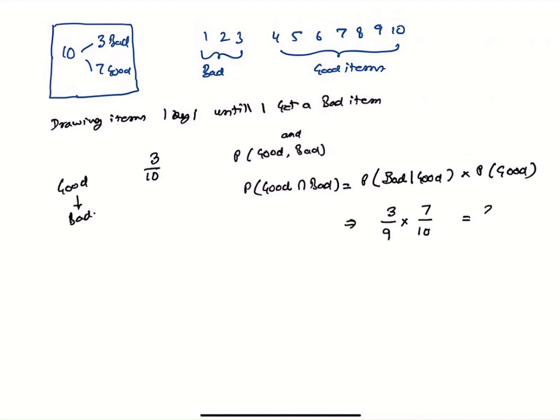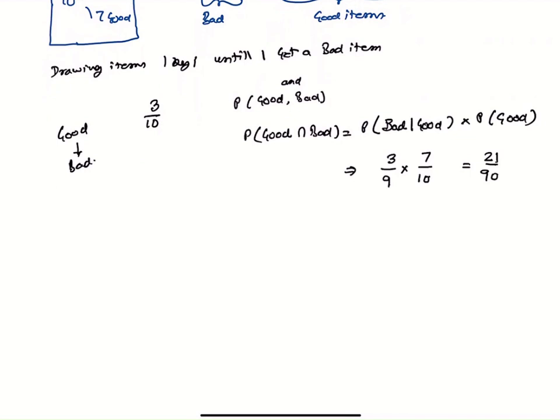So that is 21 out of 90. And this is what we keep doing.